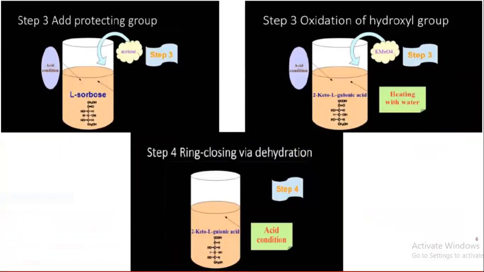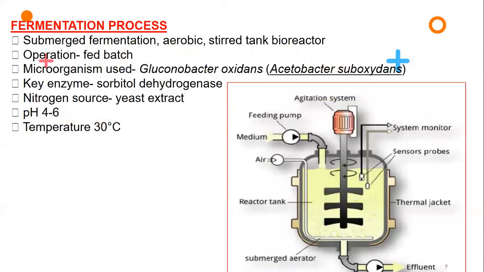The sorbose, in the presence of acetone in acidic condition, gets converted to 2-keto-L-gulonic acid, followed by potassium permanganate oxidation. We get 2-KLG. Heating is also involved in this process. And the fourth step is ring closing via dehydration to get ascorbic acid.